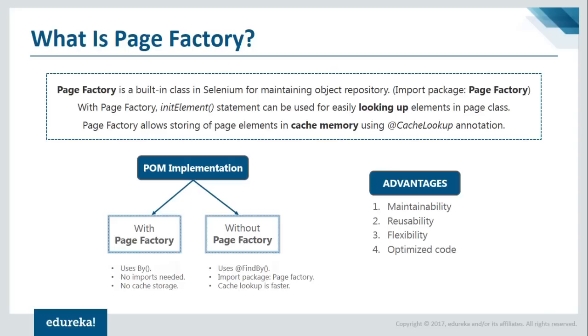And reusability. Reusability is a factor in applications where you need to make use of the same element in multiple test cases. Let's say that you have 2 or 3 different page classes, and you have 10 test cases, and in each of these 10 test cases, you're testing different functionality.